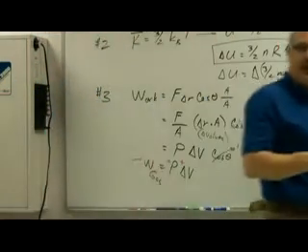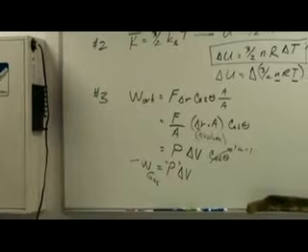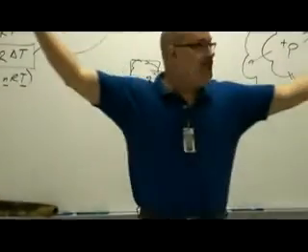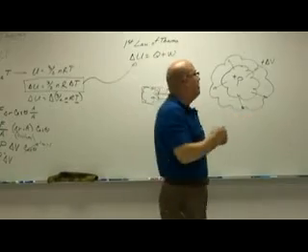I'm going to let that sink in for a second. Whenever the gas does work, that's considered negative because it's going to lower the energy of the system. So when the gas expands, that's negative work. When the gas contracts, that's positive work. Very good. So we're going to write that down to help us out.